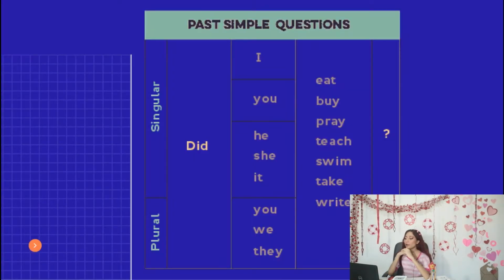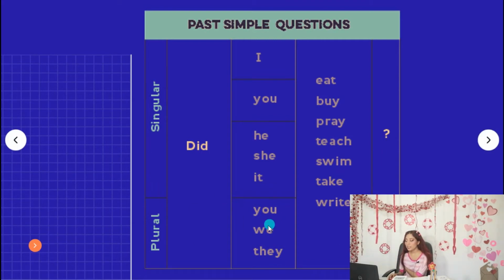And then we are going to review the questions. Remember that it's really simple, but don't forget that in the questions, as you know, you always start with the auxiliary verb did, and then you write the personal pronoun or the subject, and then the verb in present. Remember that even if you are making these questions in past, your verb is going to be in present.